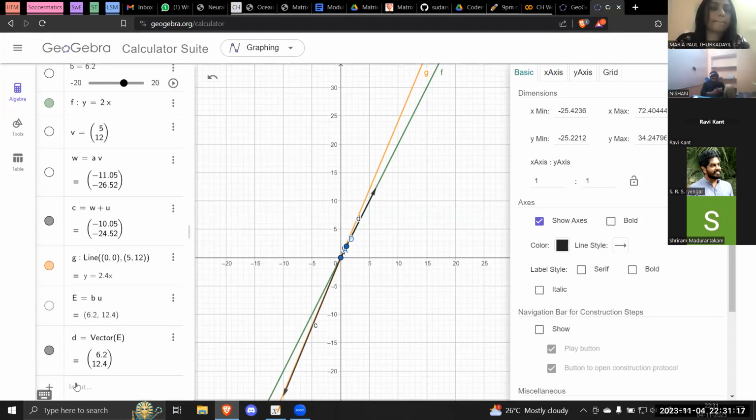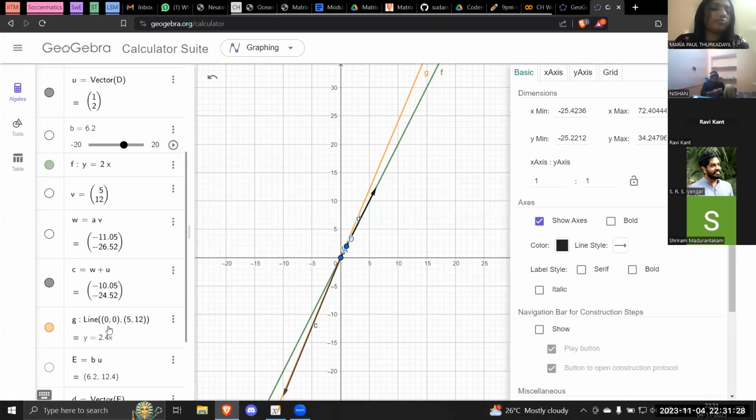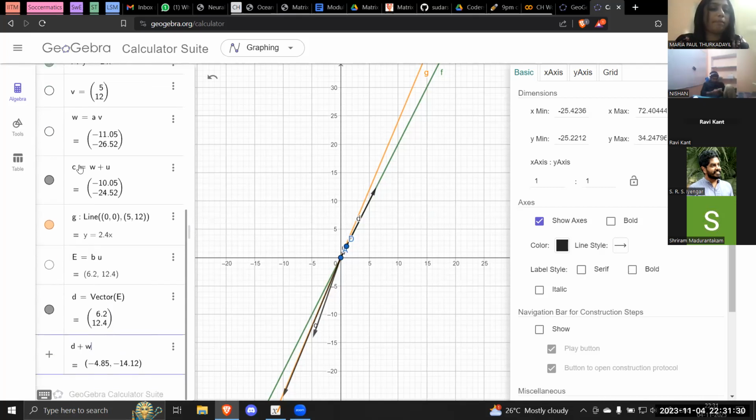You can create another variable. Just create another variable. D, not W, D, right? Plus, you'll have to multiply it with variables as well. Yeah, W is A times V, and D is B times U. Okay. Yeah. Perfect.